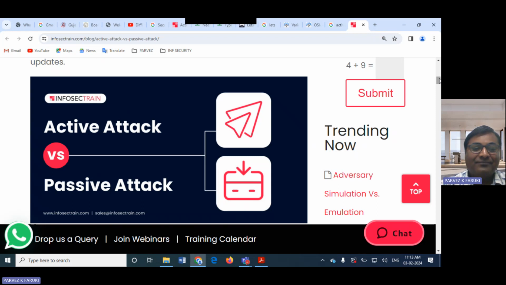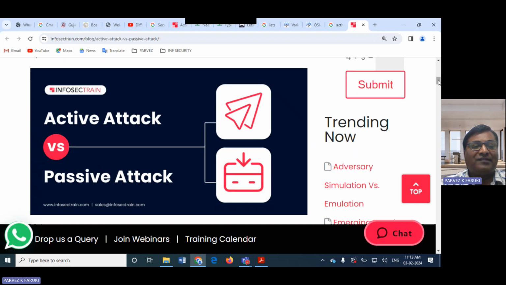So to do that, he needs to do some reconnaissance. We saw that while we were discussing the OSI layers. So in order to attack a client or a server, when I attack someone without being an active participant, I am a passive attacker.